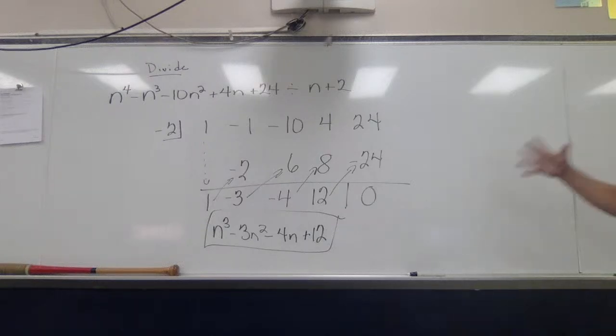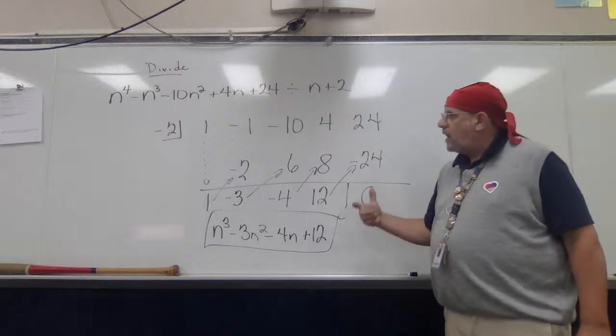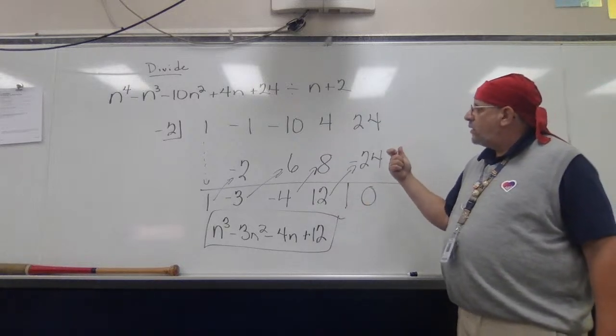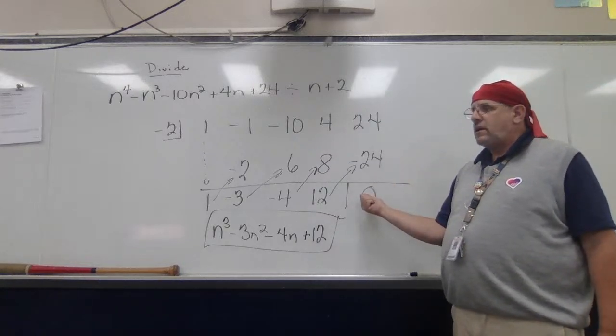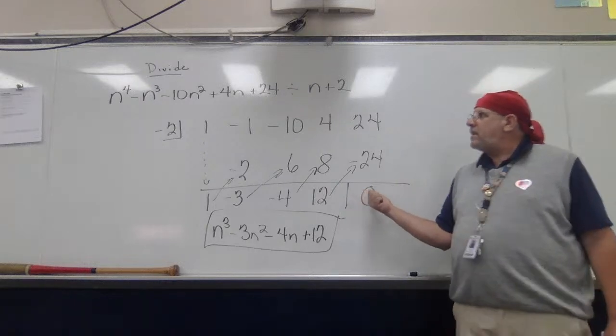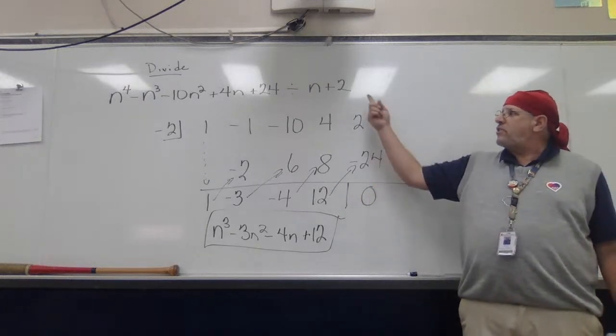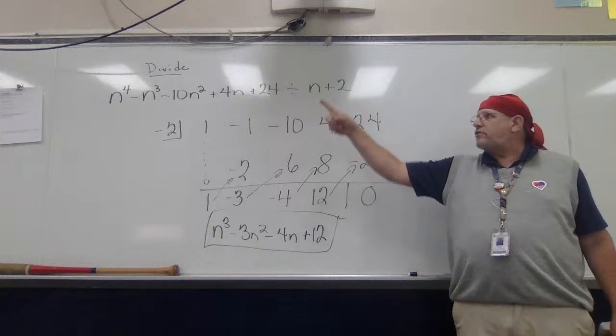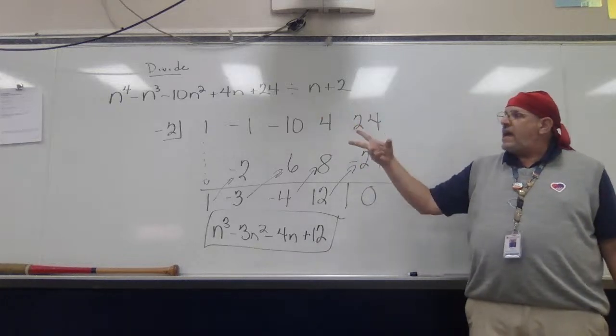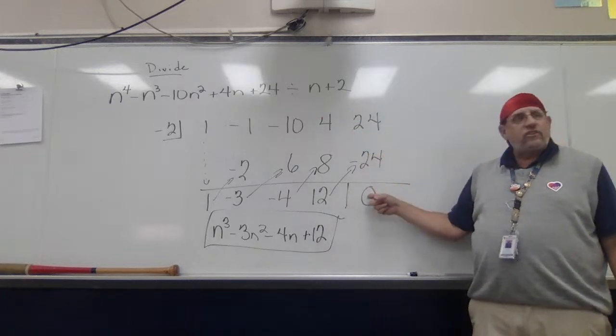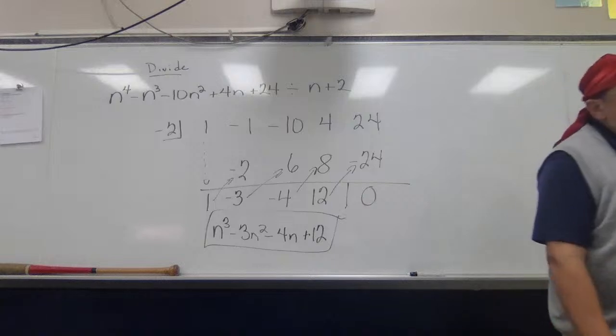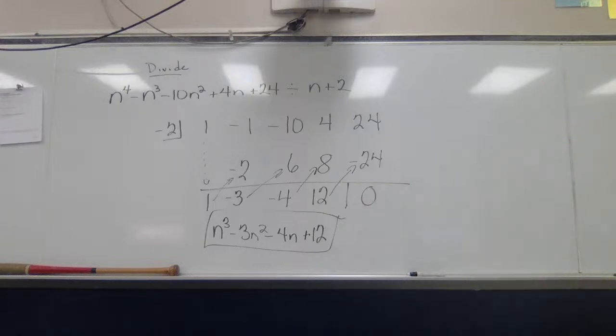And so the only difference is, what does this mean? Does that mean if I put a negative 2 in for n, I'd get out 0? That's what I think. It does mean that, as a matter of fact. So it means two different things, right?